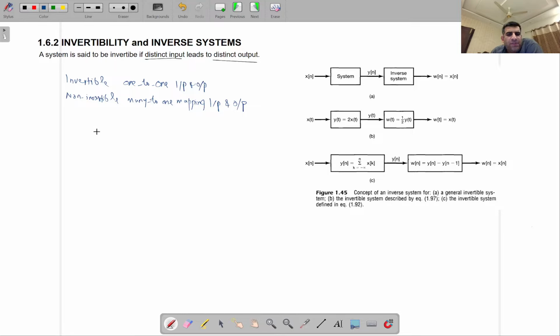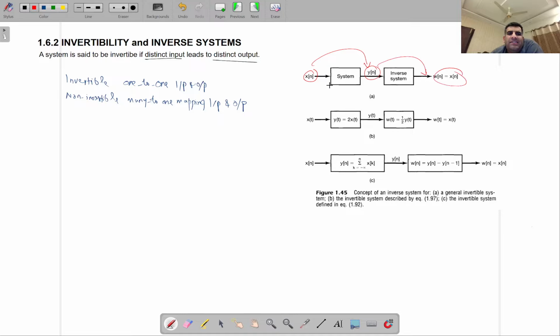Okay, so let's first take a few examples to get an idea of an invertible and a non-invertible system. Another thing I need to mention before we jump to the examples: if a system has an inverse system, then if x of n is the input, it passes through the system, and y of n is the output, and we give y of n to the inverse system, it's going to result back in the input.